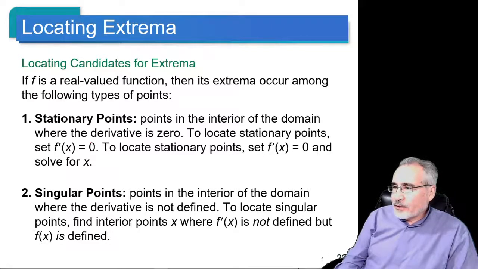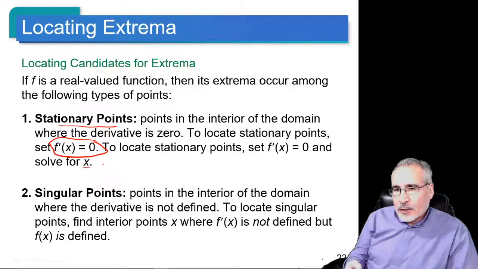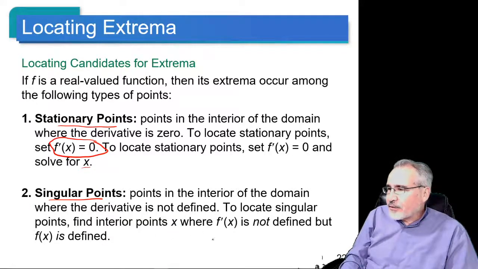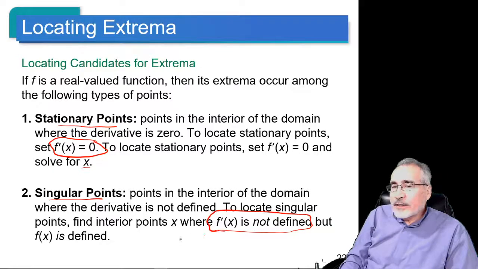So for stationary points, we can use the calculus. We can find where the derivative is equal to 0 and then solve for x. That will give us the locations. To get whether that location is a minimum or maximum, then we'd have to plug in. There's another test, we can do a couple tests. But singular points, you can't take the derivative because it's where the derivative is not defined, but you can identify them. So once you do take the derivative, where is the derivative undefined?